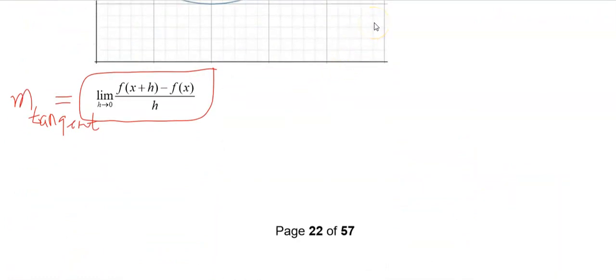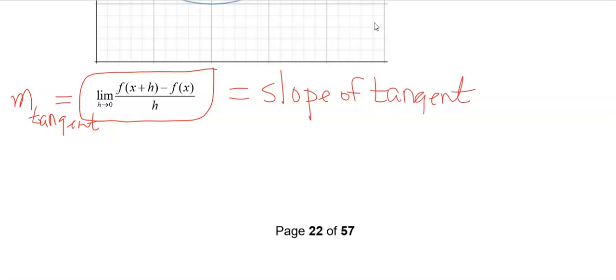This is probably one of the most important formulas that you in your young lives have ever seen in mathematics, especially with regards to calculus. This is such an important formula that it's actually been given its own name. Let me just write down here, first of all, that it's the slope of the tangent line at some point x.